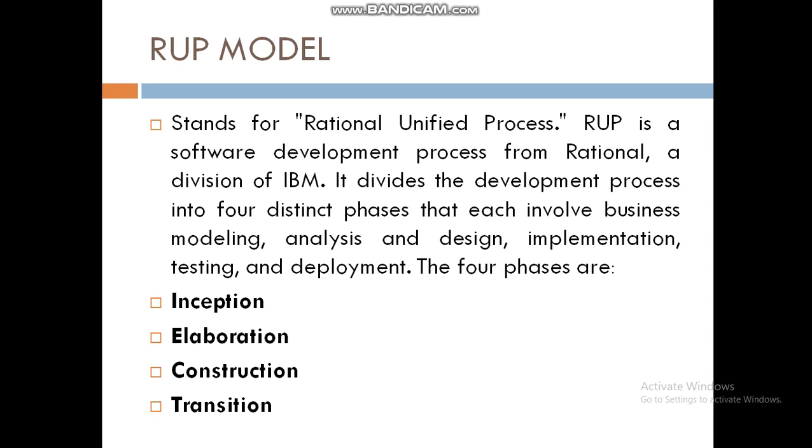Every class has a collection of statements. Statements mean variables and methods. All these methods and variables or properties are executed by using an object. So all this process is done by using the RUP model.